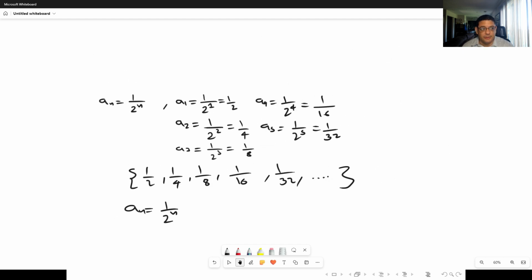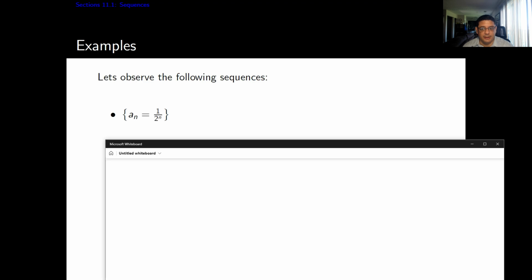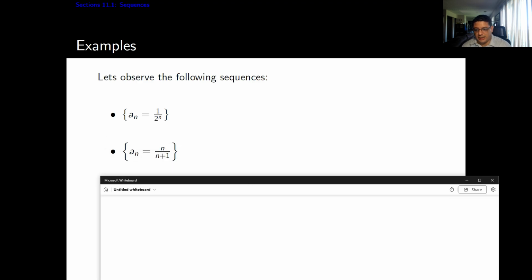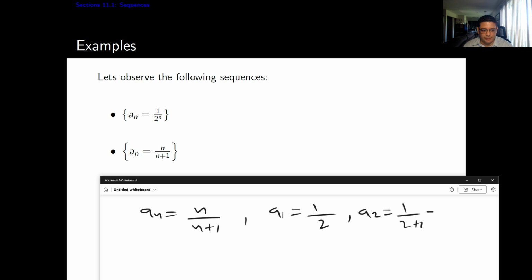So now let's take a look at another sequence. Let's go to an equals n over n plus 1. Notice that clearly the first term is going to be 1 over 1 plus 1, so 1 over 2. a2 is going to be 2 over 2 plus 1, or 2 over 3.